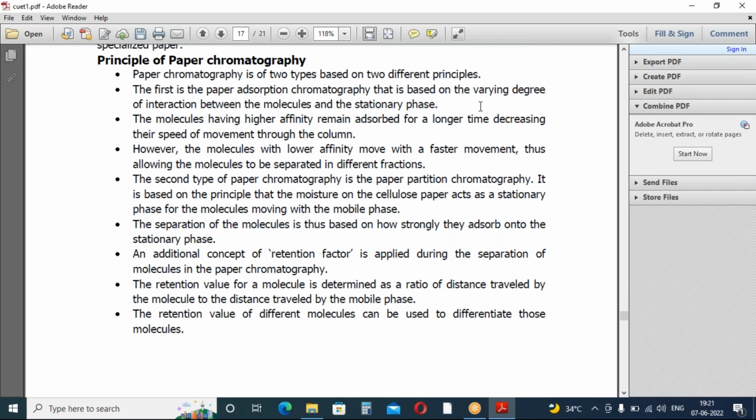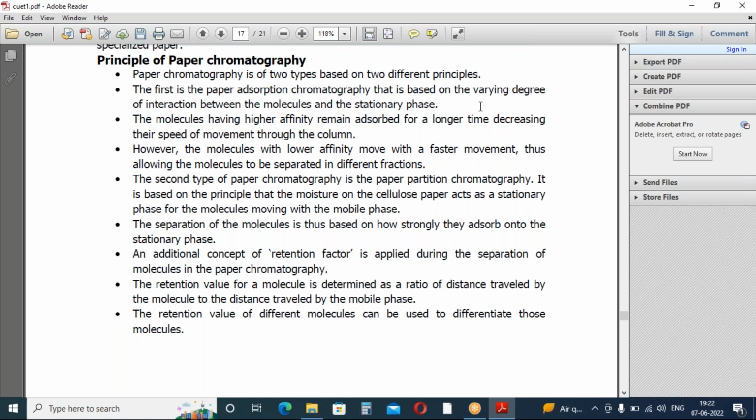There is also paper partition chromatography, which is mainly based on the absorption power of the paper. What is the type of paper used in paper chromatography? It is Whatman filter paper, not normal paper.